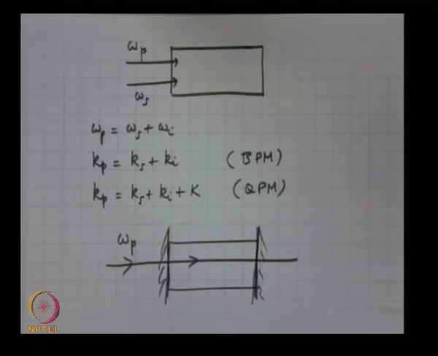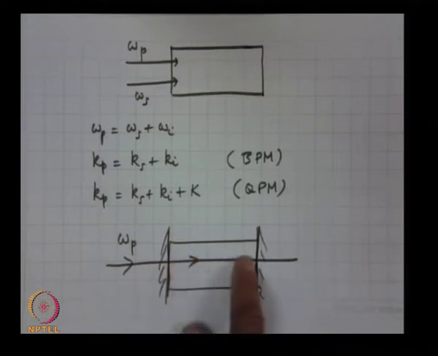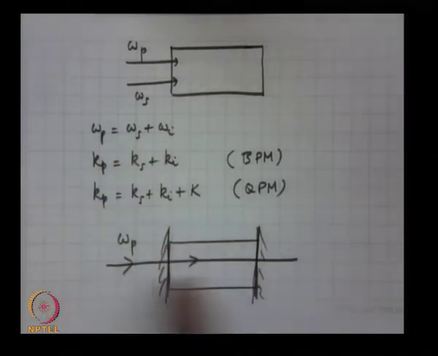Once that happens, then I can have these two mirrors so that they are highly reflecting, for example, at the frequency omega s. So the omega s light, when it propagates through this, it gets amplified. Once after having generated spontaneously, the signal photons get amplified when they reach the second mirror here.